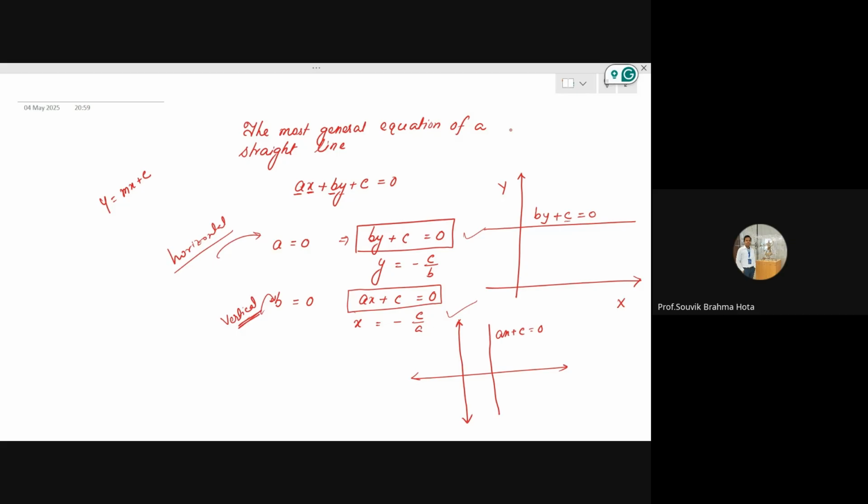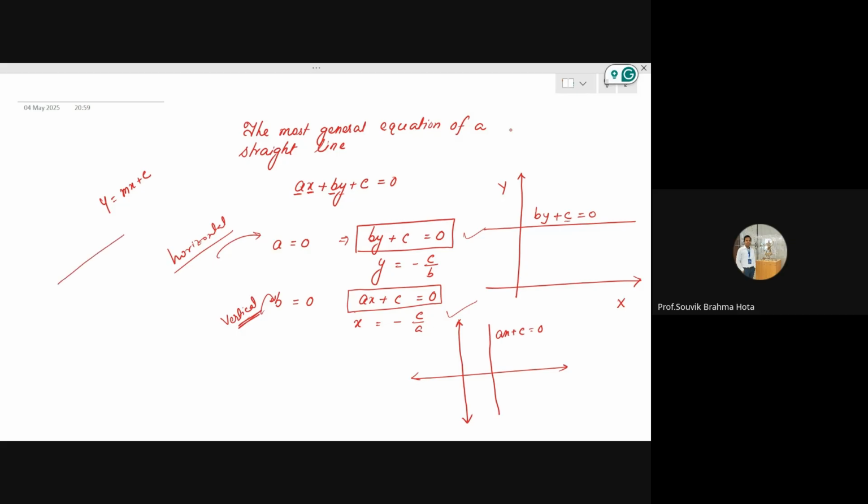The vertical line cannot be written as y is equal to mx plus c. Why so? Because for vertical lines, what is this m? Do you know what this gradient is?